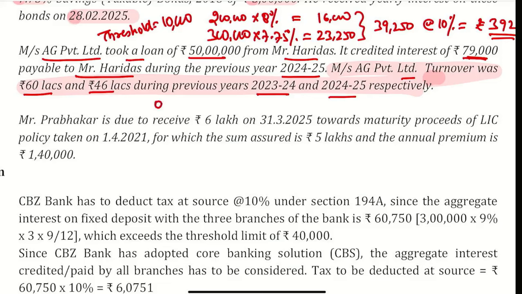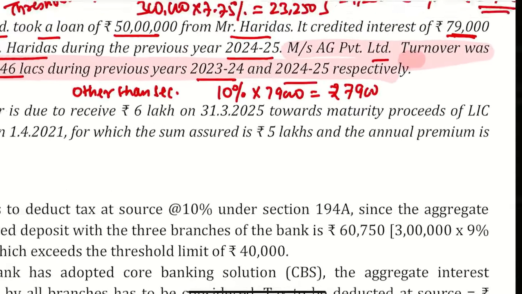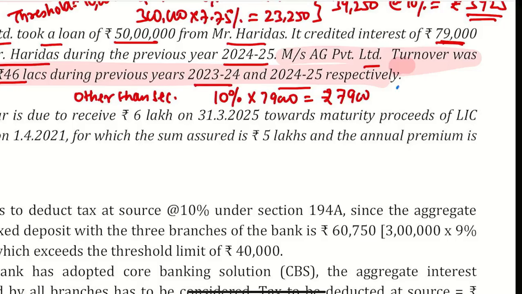So it is other than securities. Simply write this, other than securities. 10% is the TDS rate, 10% into 79,000. 7,900 would be the TDS. And also please write, you will be able to retain it: threshold limit is 5,000 over here. Understood?